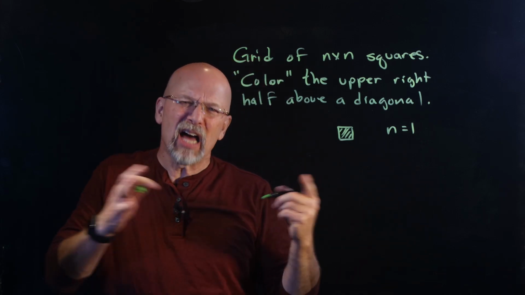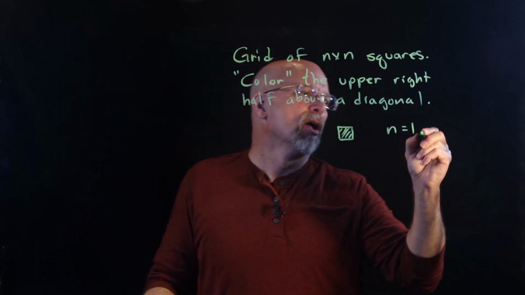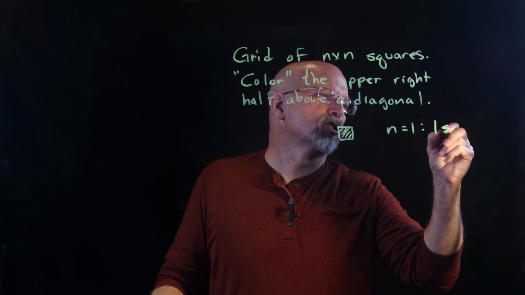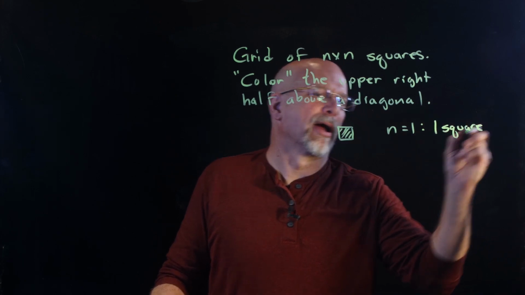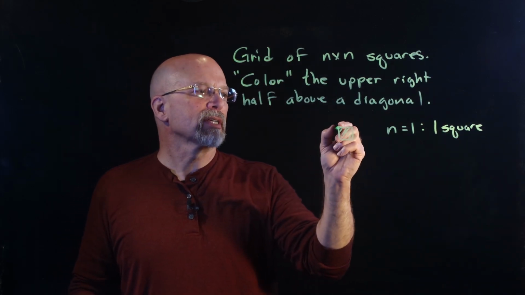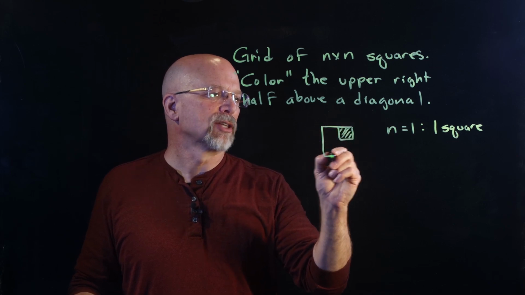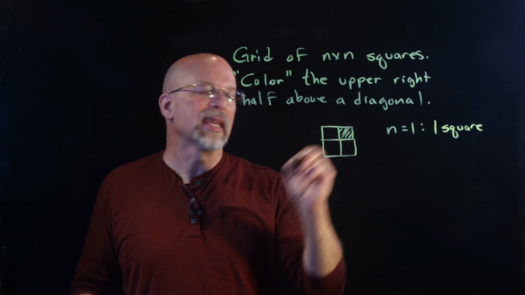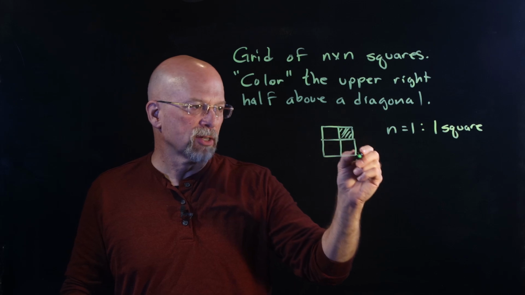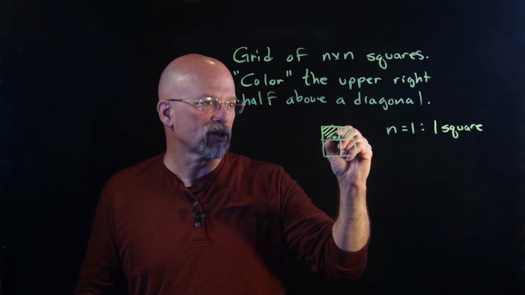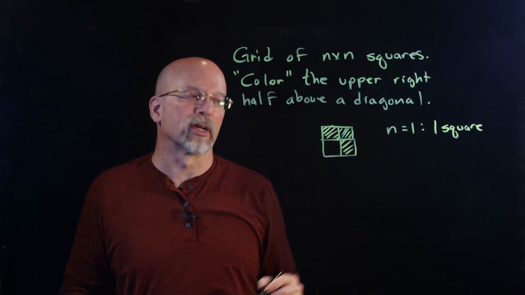So how many colored squares do I have? Well, I have 1 square colored, right? Now, let's increase the size of this to a 2 by 2. We're going to make n equal to 2. And the diagonal runs through this way, so that means that these 2 squares are now also included.